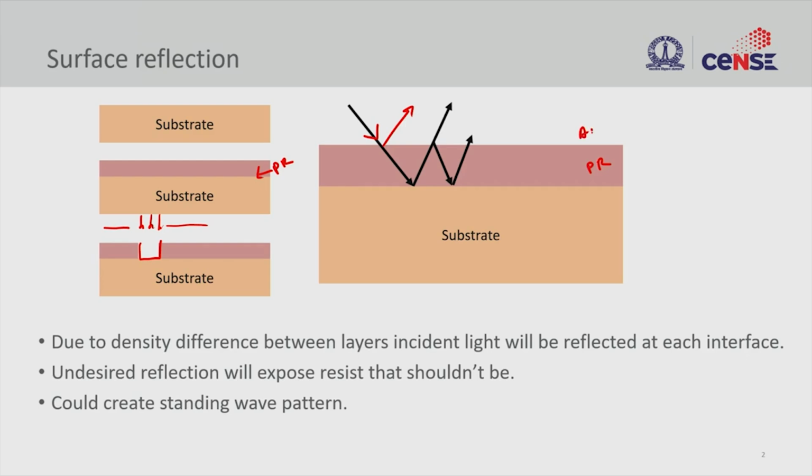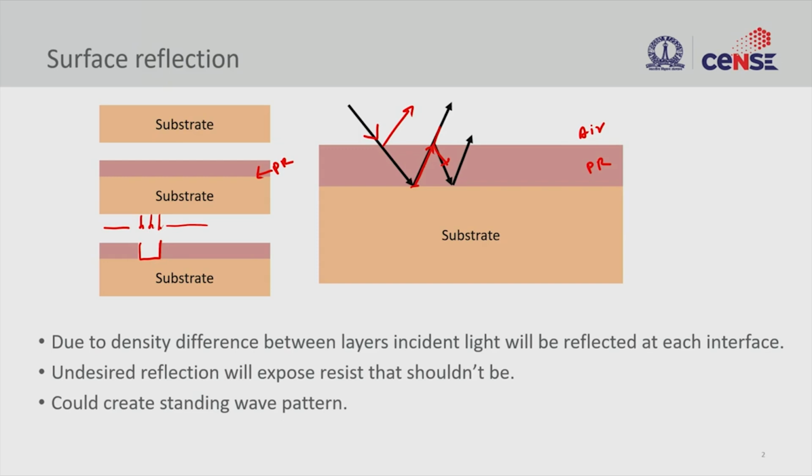Let's say this is air, and then we have a refracted beam, and then you have another interface. Because we have a difference in refractive index between photoresist and substrate, you will have reflection here, and then there is again a refraction, and then there is a reflection, and this goes on.